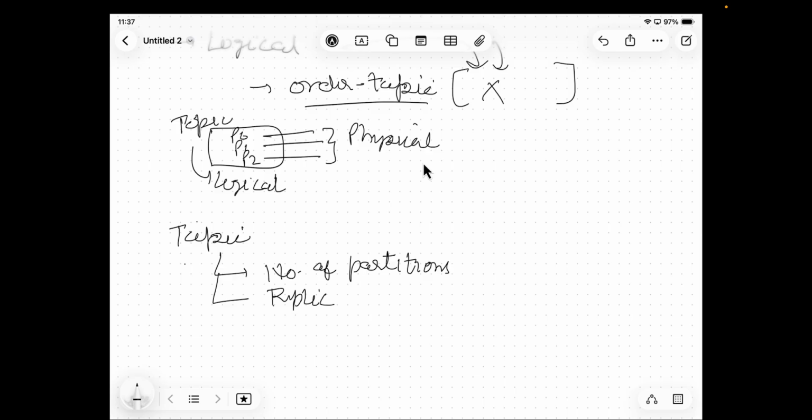Remember, this is a very important concept. Third one is retention period. And some other things are there like cleanup policy.